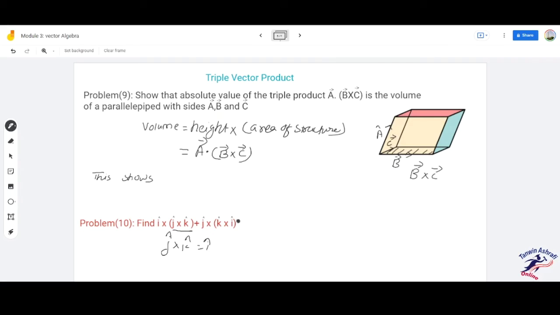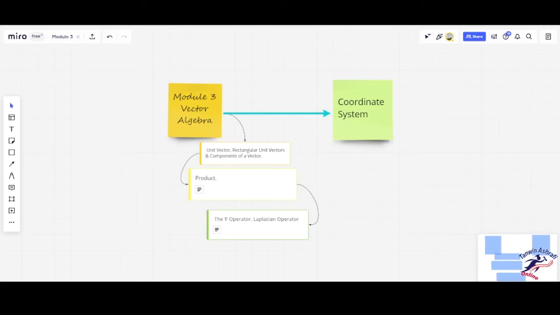You can find this and identify what the value will be for i cross j cross k plus j cross k cross i.